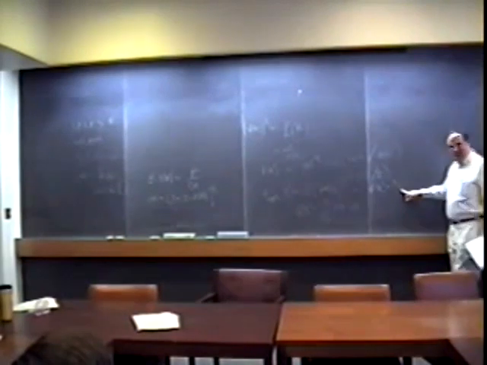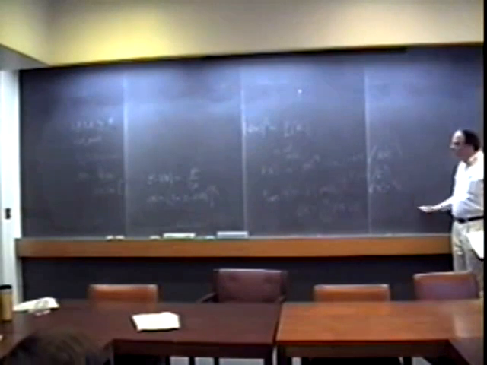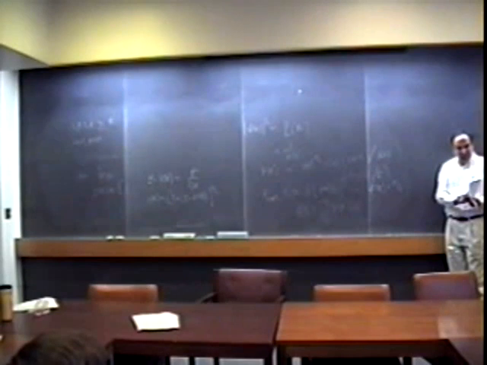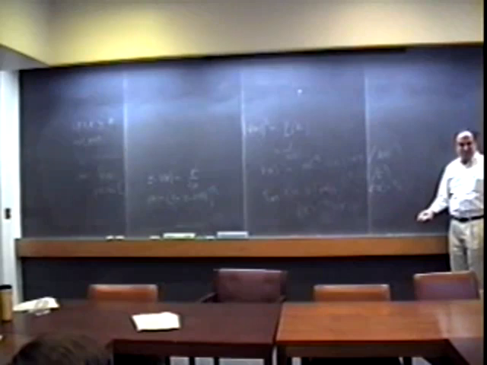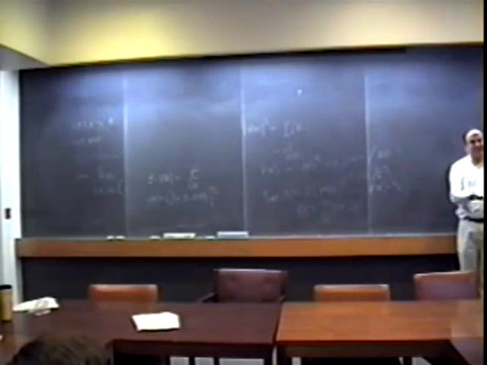And this pi over 4 is a special boundary condition that enables you to cross through this singularity in the wave function at the turning point and join up with functions that behave properly in the non-classical region. In other words, they decay exponentially to 0 at infinity.